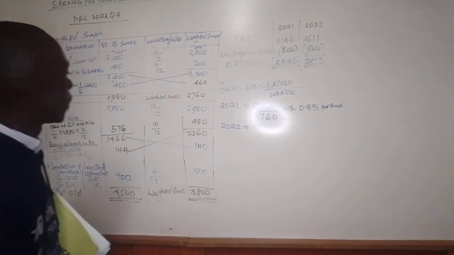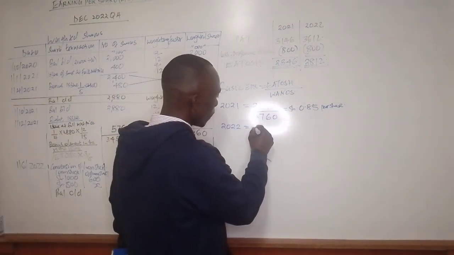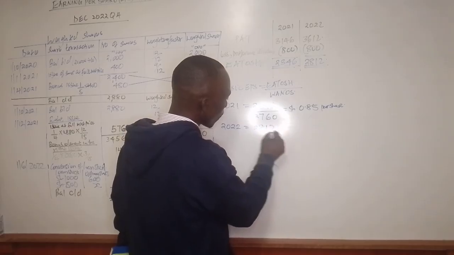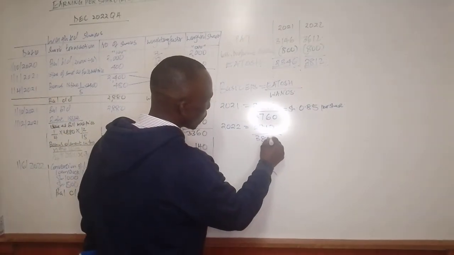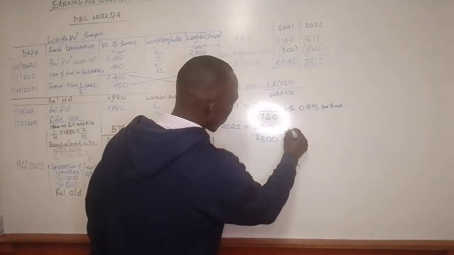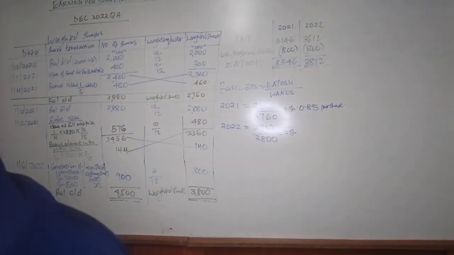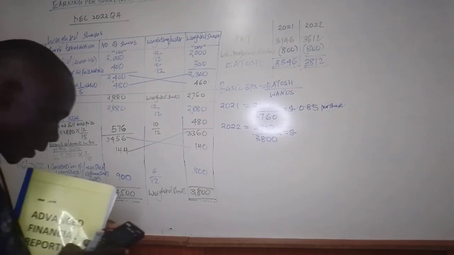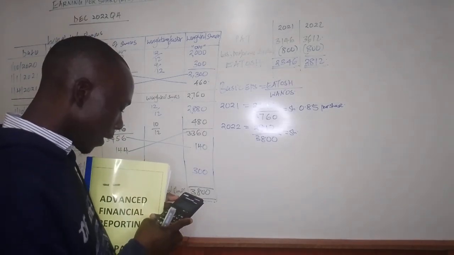So for the year 2022, it will be 28.12. Then we divide by what? We divide by 3,800. So again, it is going to give us how much? Let us see. It will be 28.12. Then we divide by 3,800.